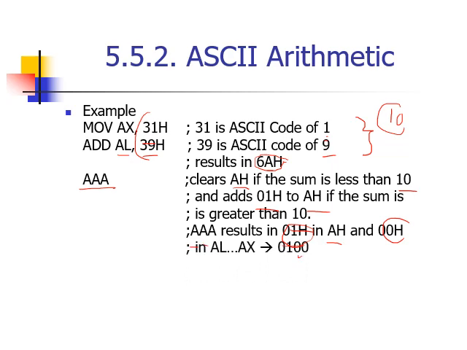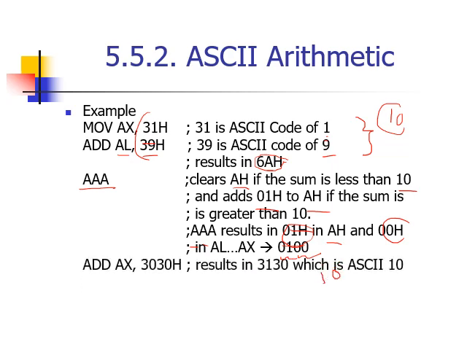This is the least significant decimal digit. This is the most significant decimal digit. After doing so, you would have to add 30 to the result. So 0 is added to 30, 1 is added to 30, 31. This is the ASCII code of your result, which is equivalent to 10 decimal.